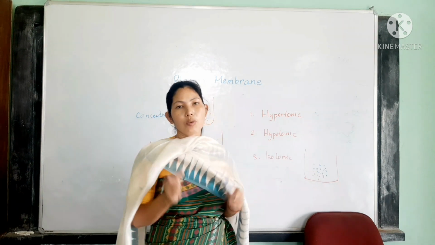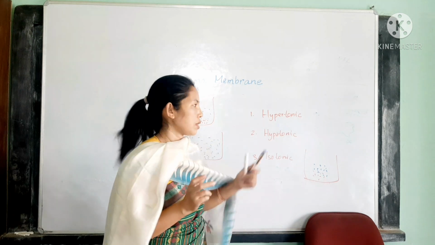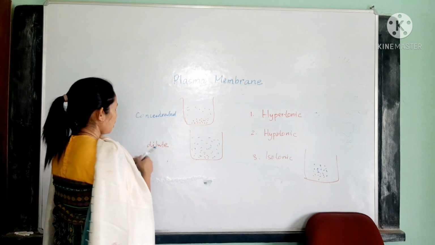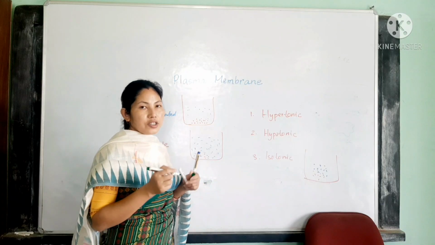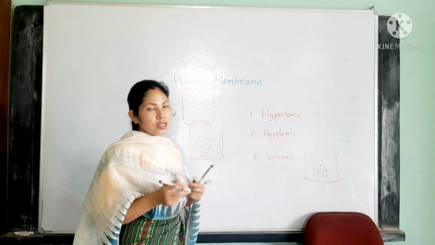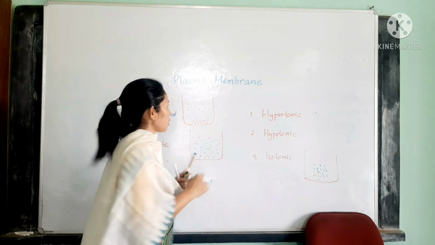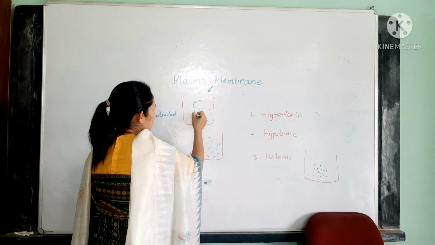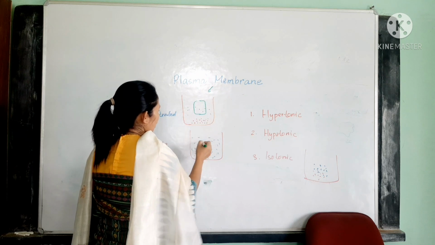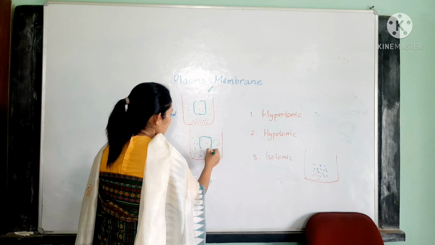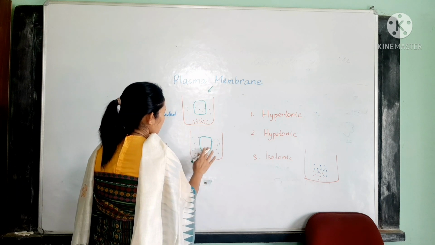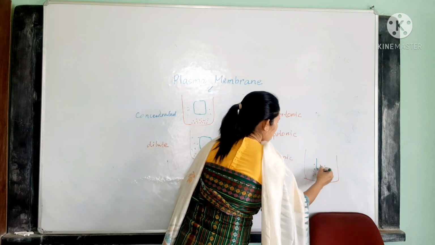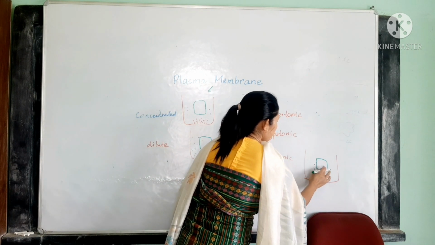Now let us see what happens to the cell when it is present in these three different conditions, right? Suppose we put a cell here, and here also this is a cell, and here also we have put a cell inside.